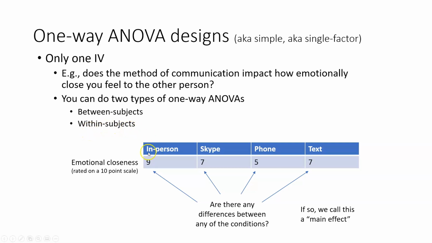So within subjects would be if you took 30 people and you had them come in and communicate via in-person communication, and then via Skype, and then via phone, and then via text, and you might counterbalance them so they do them in different orders so that they're not always in that same order. But the point is that you've taken 30 people and you've made them do all of the conditions. So you can do a one-way ANOVA with different people or with the same people across your conditions.